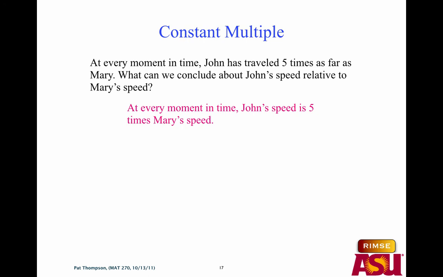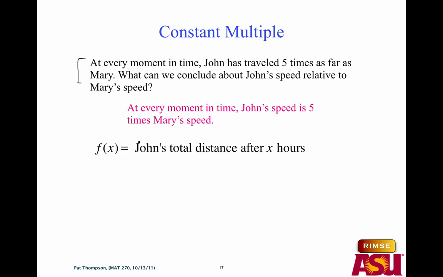This, of course, comes from all of our conversations earlier in the semester about the relationship between speed, distance, and time. In particular, the statement of the problem was that John travels 5 times as far as Mary. So we could model that using functions.